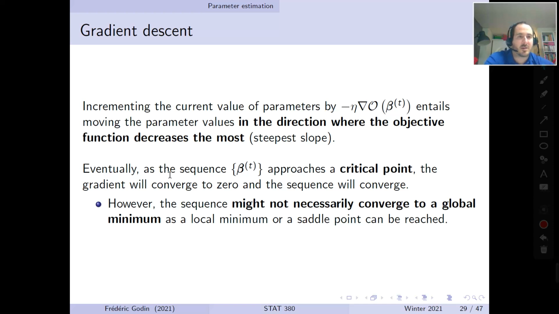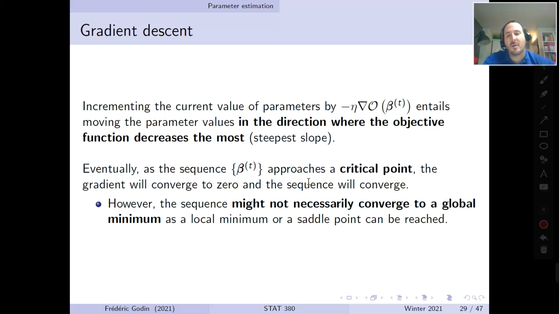But under some technical conditions, the vector of parameters should approach a critical point, and at that critical point, the gradient, as we said, should converge to 0, and the sequence should stop moving or converge.